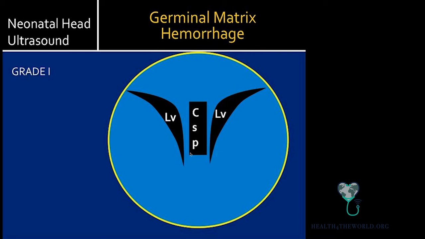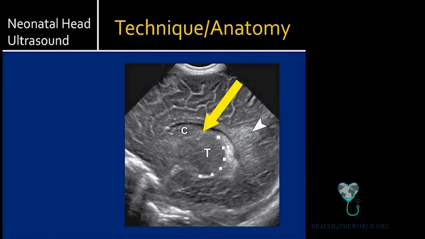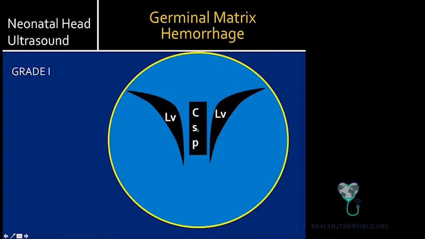So, as mentioned, we look for things like hemorrhage, and there's a grading system for the germinal matrix hemorrhages. I've got a little diagram here showing the lateral ventricles and septum pellucidum, just to illustrate what we're going to show with this grading system. Grade 1 germinal matrix hemorrhage is confined to the caudothalamic groove.